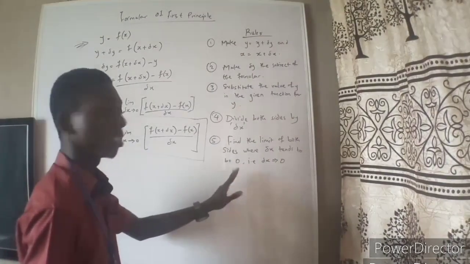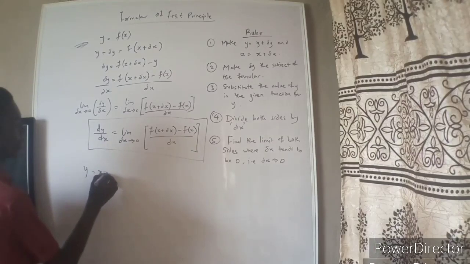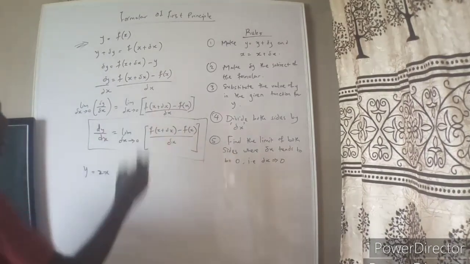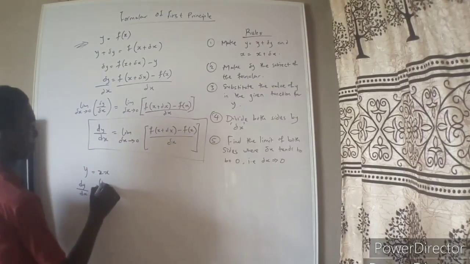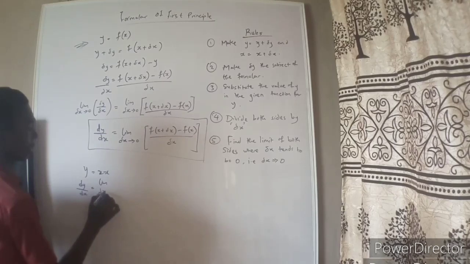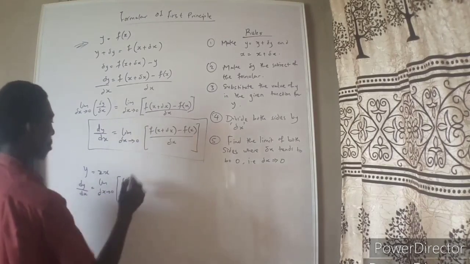to find any derivative. So now, if I am given y equal to 2x, I don't want to follow that rule. I want to apply this formula straight. I can just say my dy dx is equal to limit delta x to 0 of f of x plus delta x.